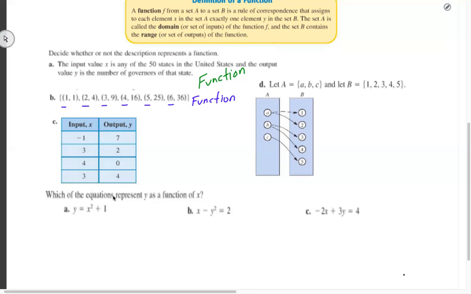Let's look at C. Look at the inputs. Do you see anything about those inputs that might bother me? Yeah, it's a relation because the 3's repeat. So it's still like a mapping, but it's not a specific type of mapping. It's not a function, okay?